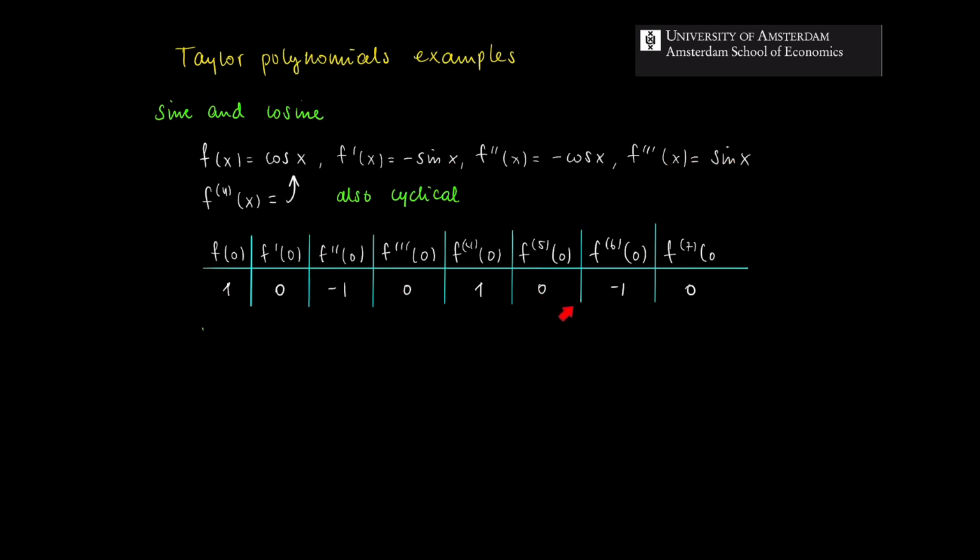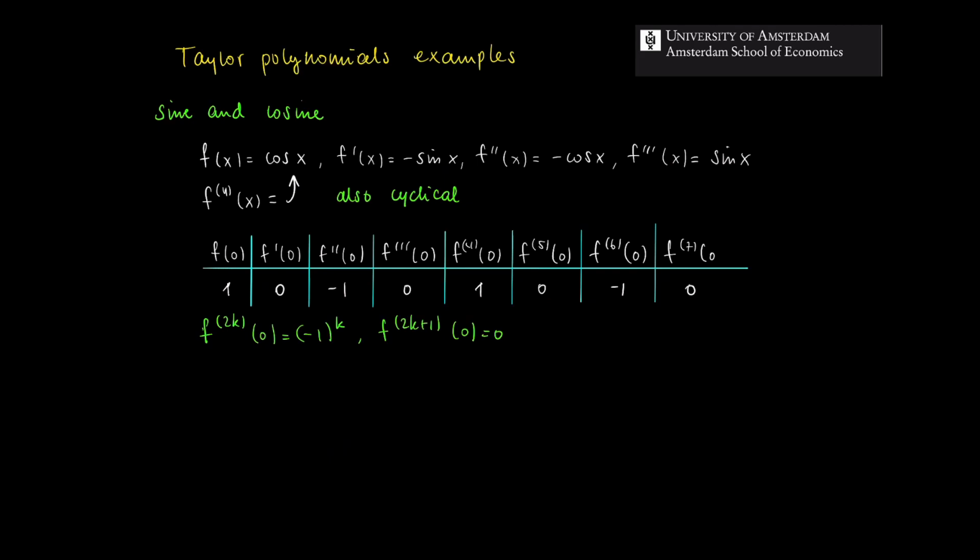So all odd order derivatives are 0, and the other ones follow the pattern 1, minus 1, 1, minus 1, etc. So if we look at the even order derivatives at 0, we get the following pattern: it's minus 1 to the power k, and the odd order derivatives are all 0 at 0.